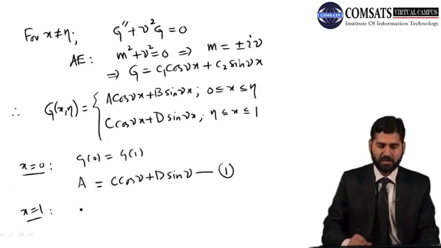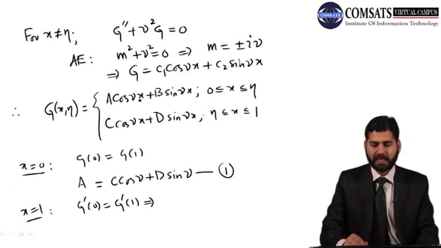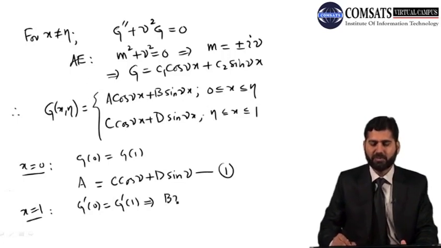Now, you should have the derivative equal at 0 and 1. So this implies, what is the derivative? The derivative of a cosine nu x is minus a nu sine nu x, and at 0 it is 0, right? And b sine nu x gives b nu cosine nu x, and at 0 cosine is 1, so it will be b nu.